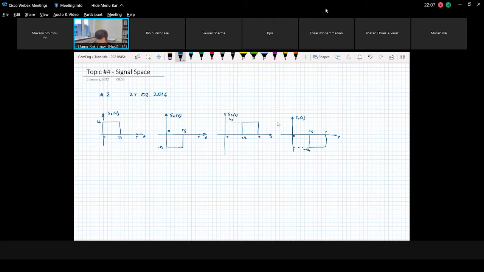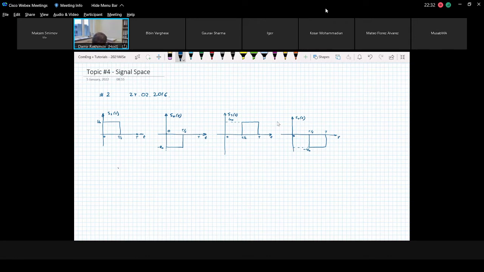We need to draw the basis functions and specify the signal vectors. The parameter n is the dimension of the signal subspace. Yeah, we need to find a basis to represent all these signals. And the basis itself is not unique.